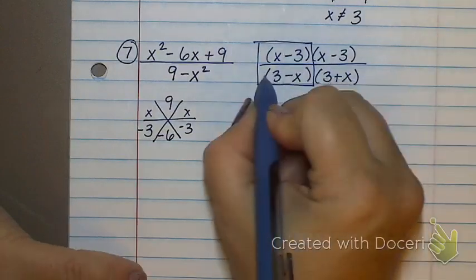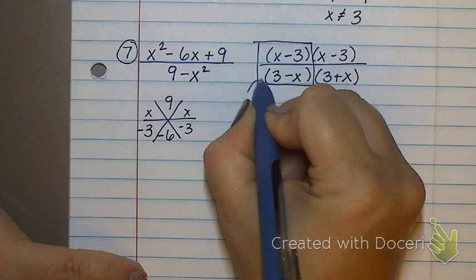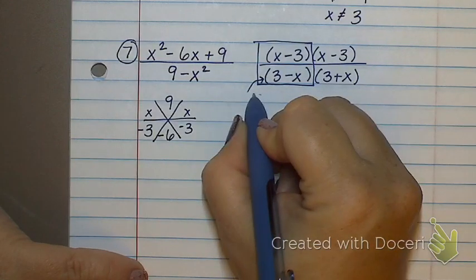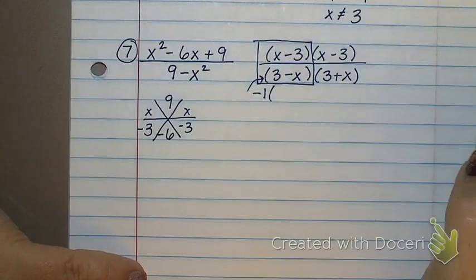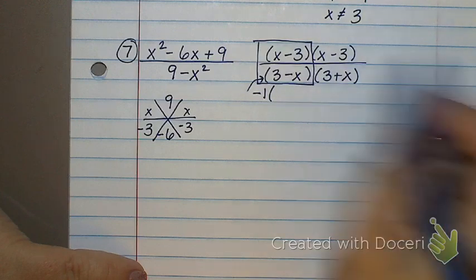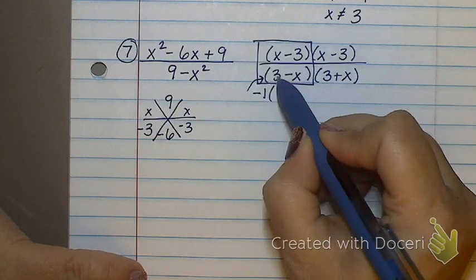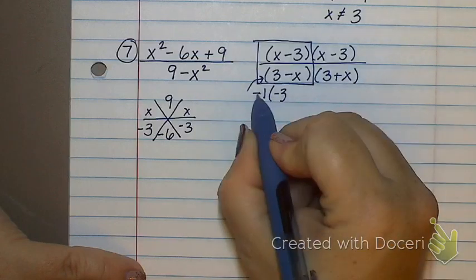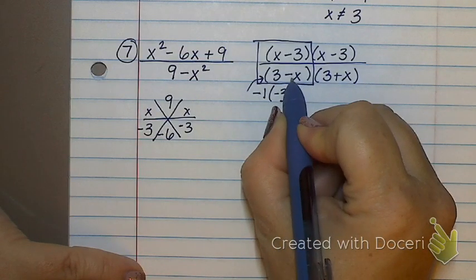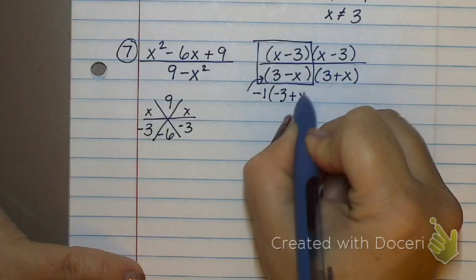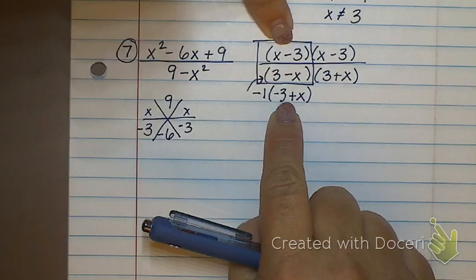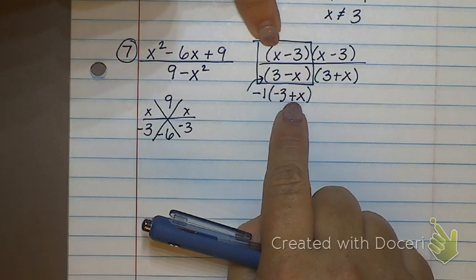If you were to factor this, in the sense of if you were to take a negative 1 out, negative 1 times what gives you positive 3? Negative 3. And negative 1 times what gives you negative x? Positive x. Is this now the same as this? Yes, because it has a negative 3 and a positive x.